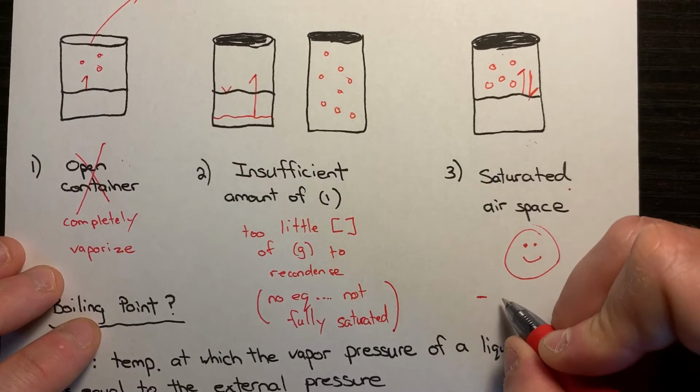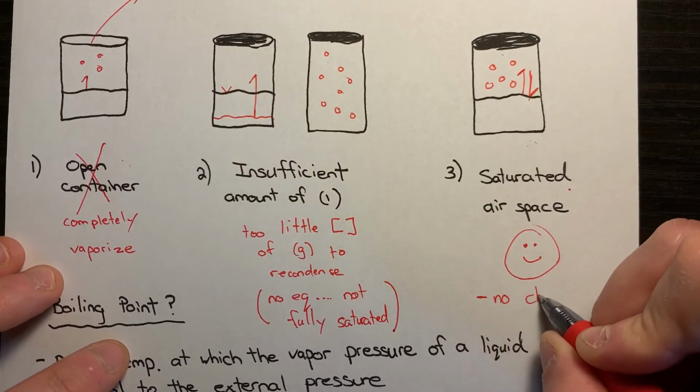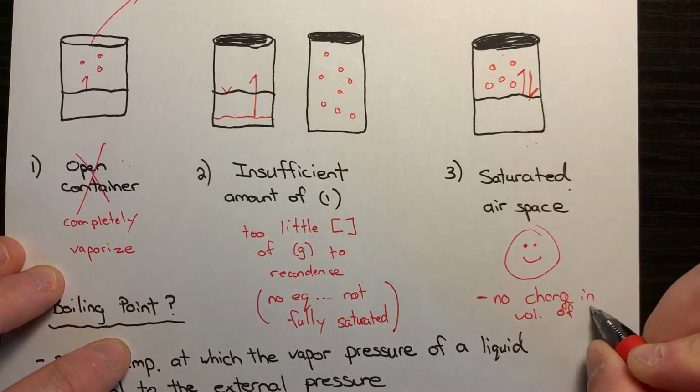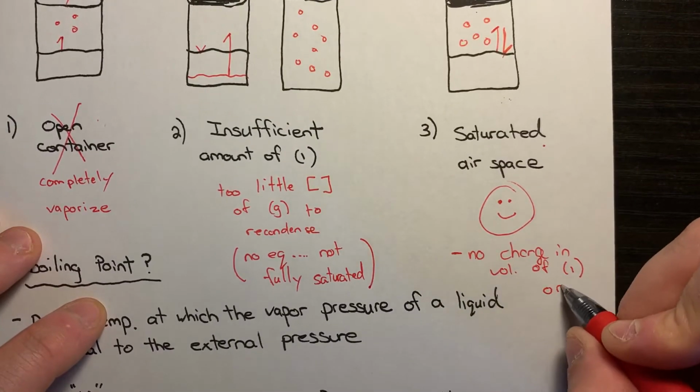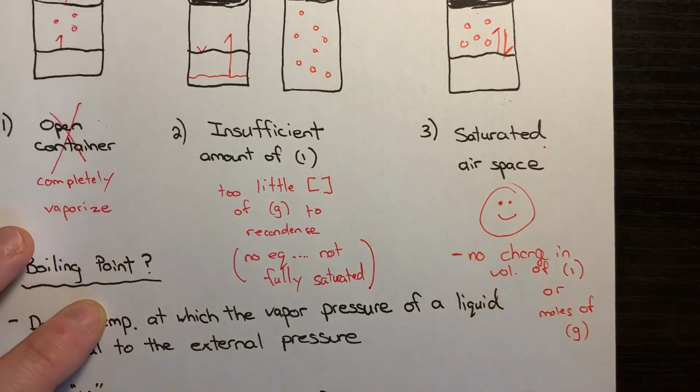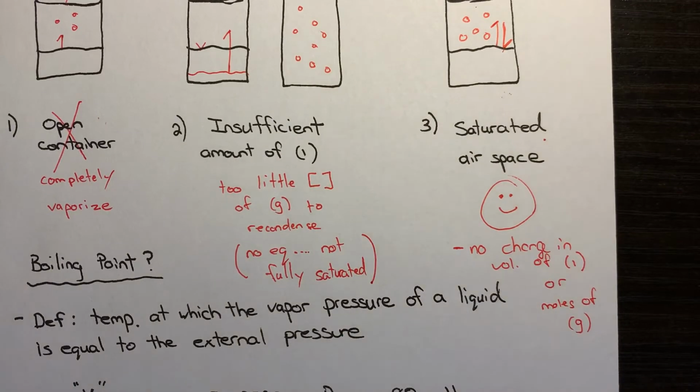But what we would expect is that we would see no change in the volume of the liquid, volume of L, or moles of gas. Okay, so we would not be able to observe those things. Those things do not change, though both processes, the forward and the reverse direction, are happening simultaneously.